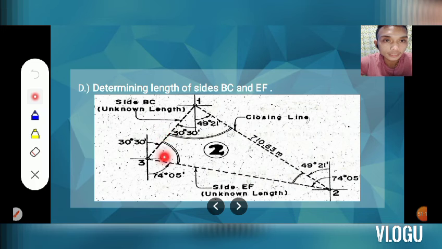We also have 30 degrees 30 minutes and 49 degrees 21 minutes, a value already taken before. And here, 74 degrees 05 minutes and 49 degrees 21 minutes.